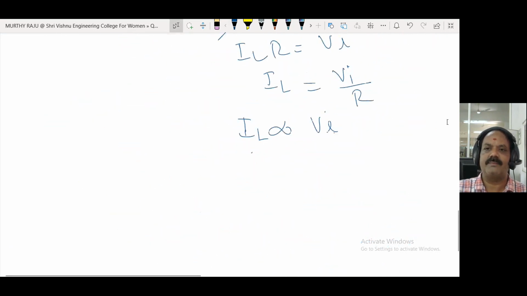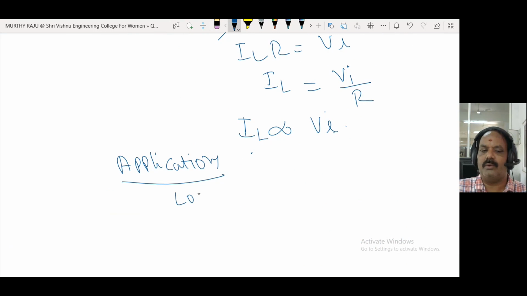Applications of this voltage to current converter are in the grounded load type, not floating type.